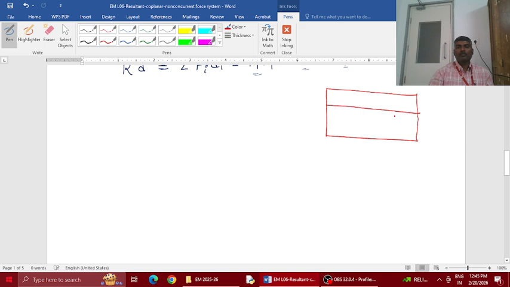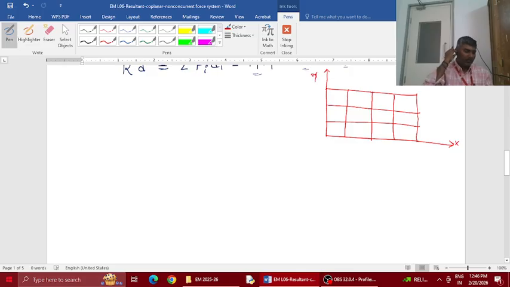Okay. So this is the grid given to you. Let us assume that this is a plate, and this is the x-axis and y-axis.